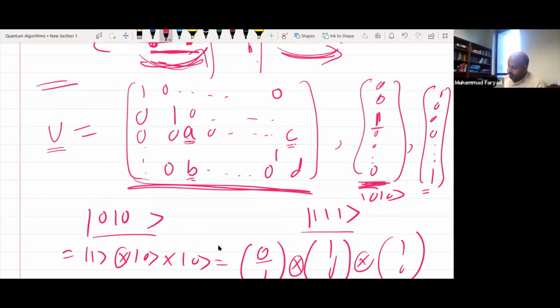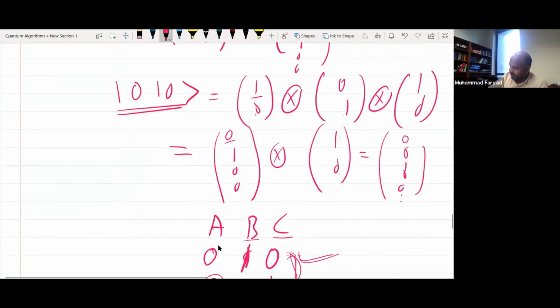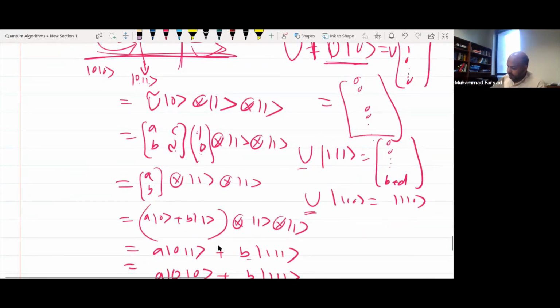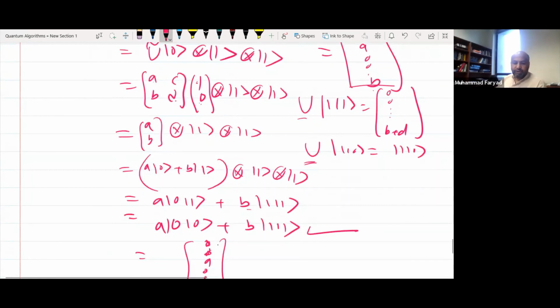So ये तो 0 है, so this CD will not come here. When this multiplies with this, I get A here and B here. ये मैंने सही नहीं लिखा था. And that's exactly what we get at the output here.